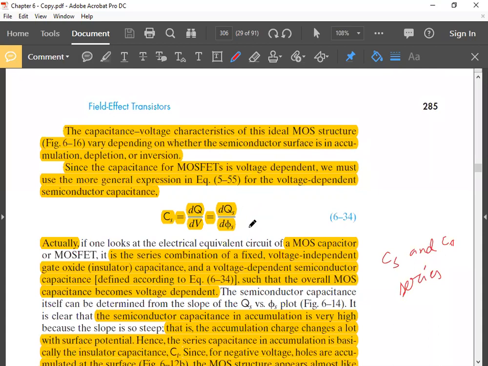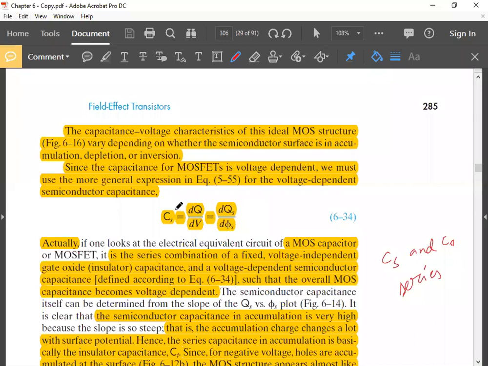Now, in the MOS structure, you can understand from the previous discussion that there are two capacitances in series. One is the insulator capacitance, the oxide capacitance, which is just like a parallel plate capacitor. And the other capacitance is the semiconductor capacitance, Cs.